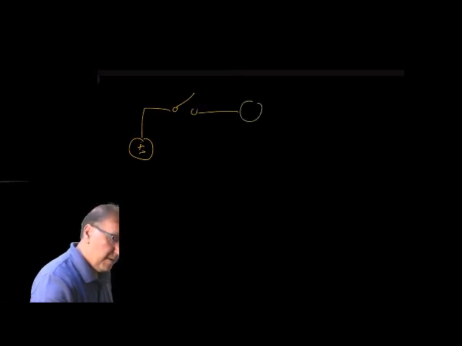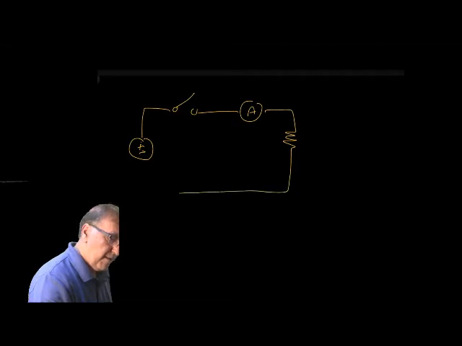Now let's draw another circuit. We'll start with a DC power supply, another way of drawing one. And we'll add a switch, an ammeter with an A in the circle, and a resistor, and add that back to our negative side of the power supply.